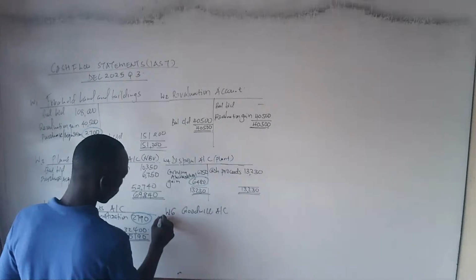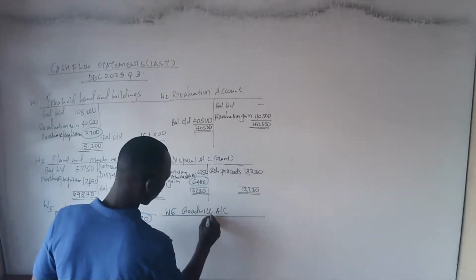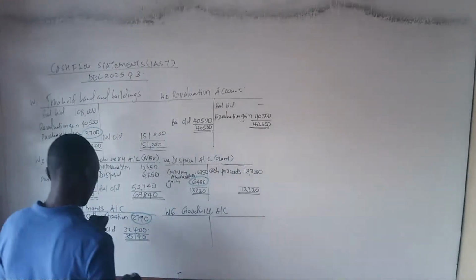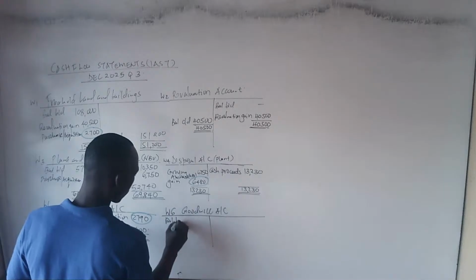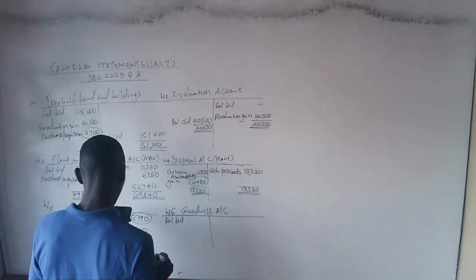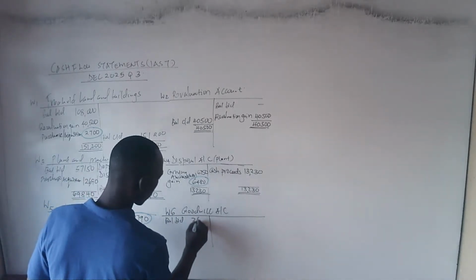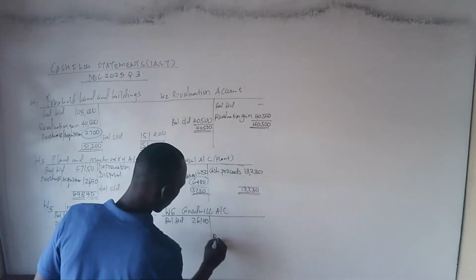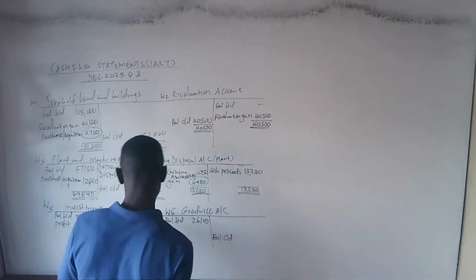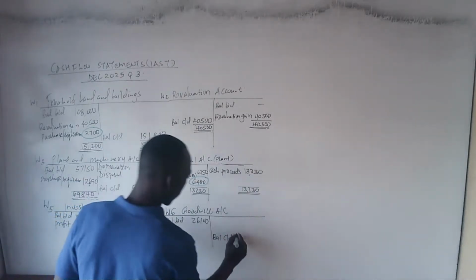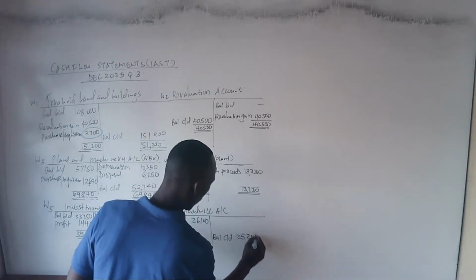This is our goodwill account. So we are going to have the balance brought down, which we are given as 26,100. Then we have the balance carried down, which we are given as 25,200.